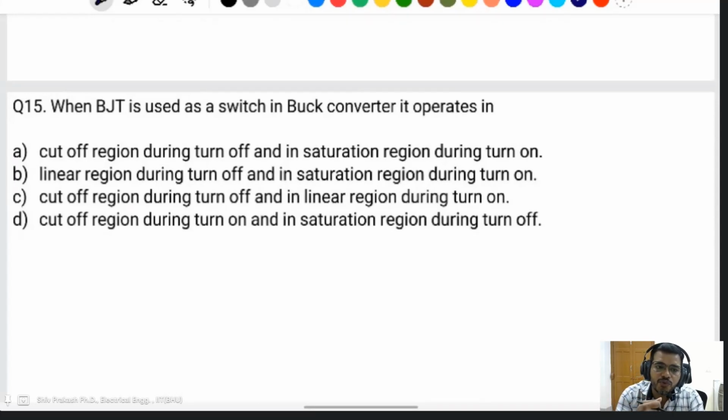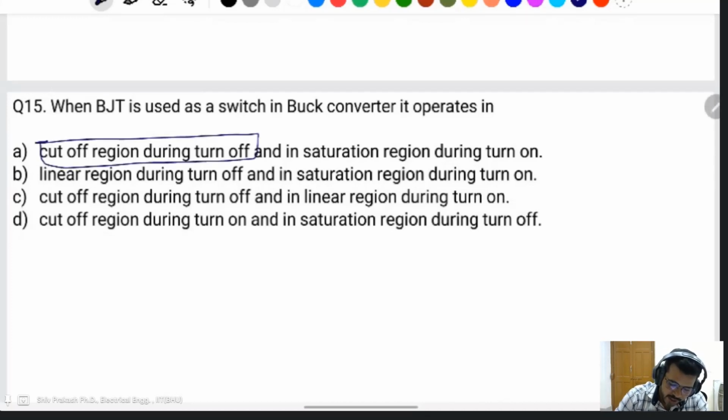If a BJT is used as a switch, it will operate in only two modes: saturation region and cutoff region. In the cutoff region it acts like a switch off, and in the saturation region it works like on. That's why the cutoff region is given during turn off, and the saturation region during turn on.